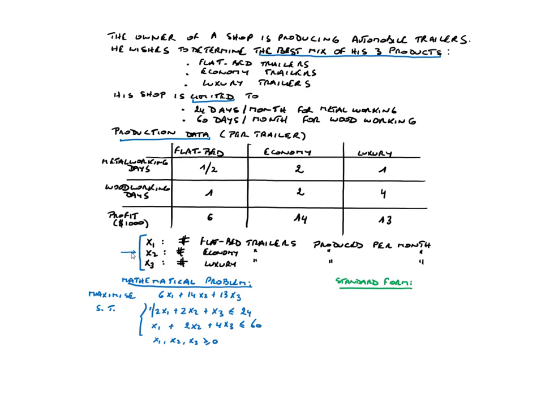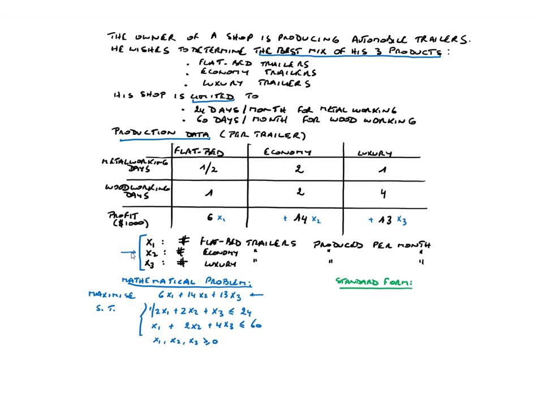And then you have to write down the problem in a mathematical form first. So the idea is, of course, to maximize the profit. You can read the profit from the last row, and it will be 6x1 plus 14x2 plus 13x3. This is what you see over here.